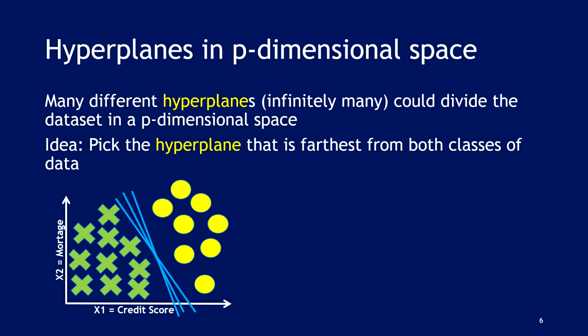The idea is that this flat surface, the line or a hyperplane, will be able to divide the data set into two perfectly separated classes. Again, the idea is to pick a hyperplane that is the farthest from both classes of data, whether the hyperplane is a line, a flat surface, or some multi-dimensional shape.